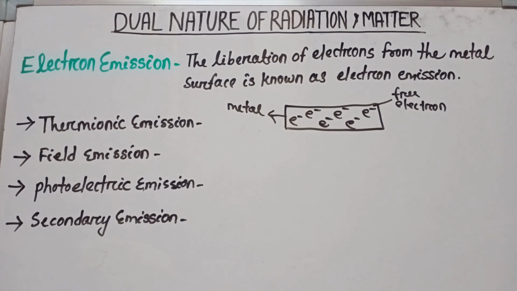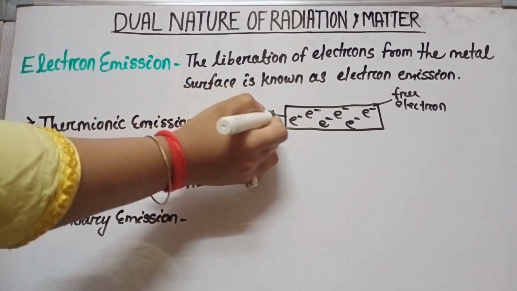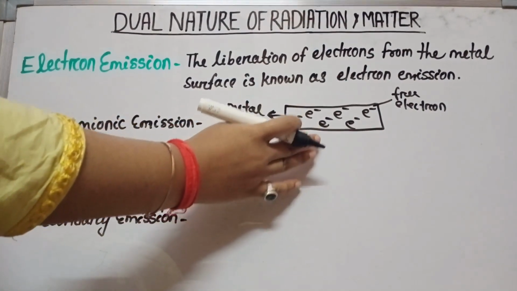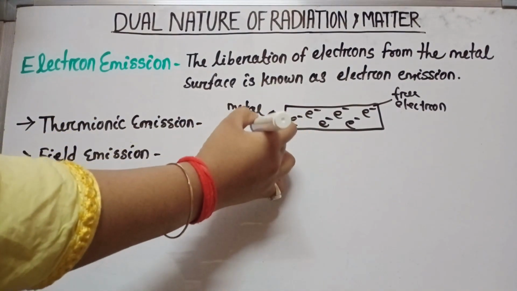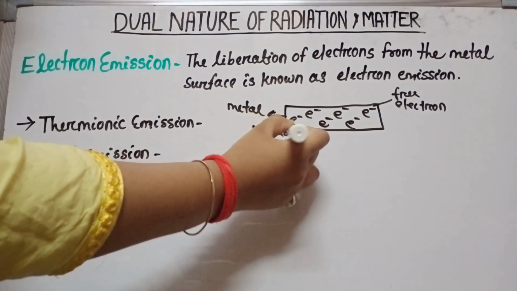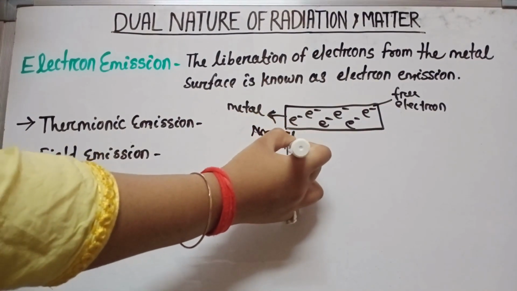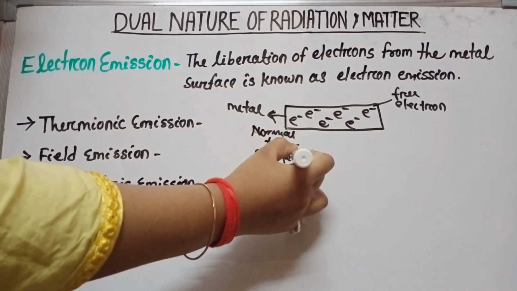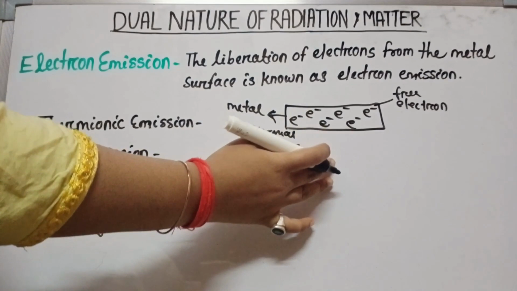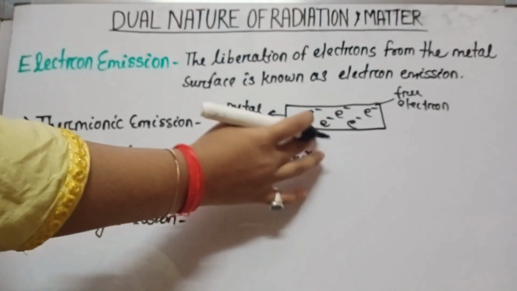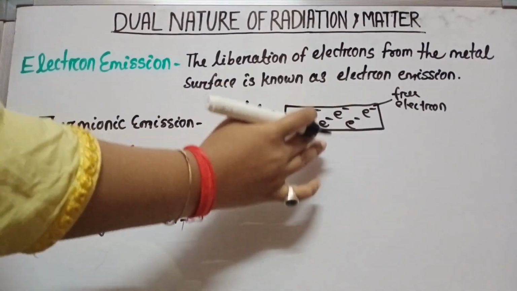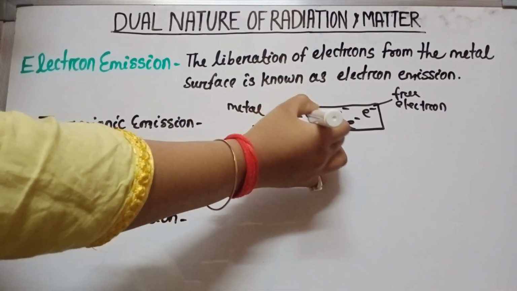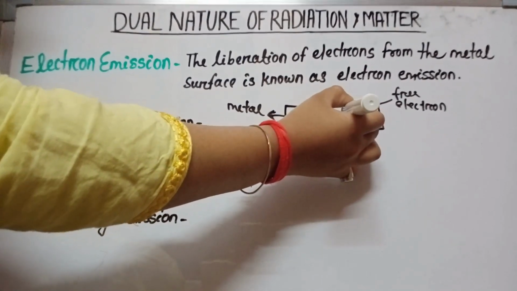That means if we consider a metal, it has a number of free electrons at normal or room temperature. They move in a zigzag motion and transfer from one nucleus to another.